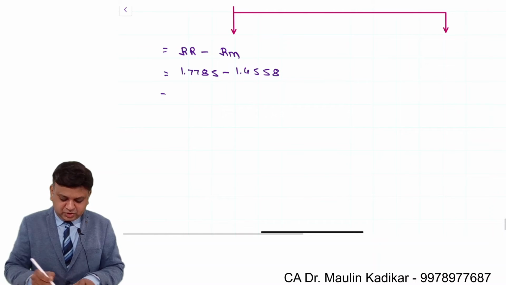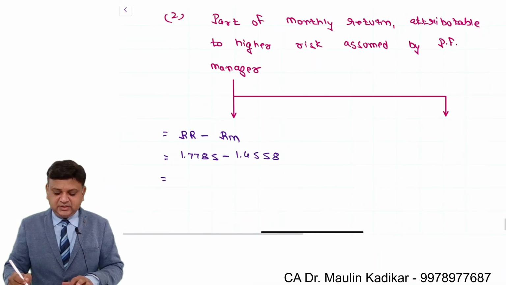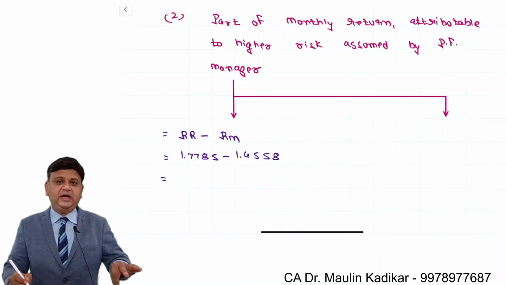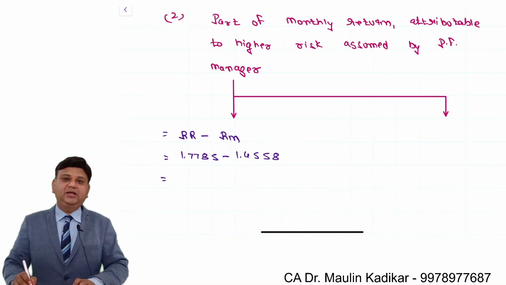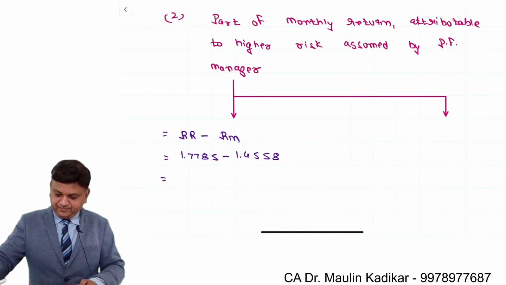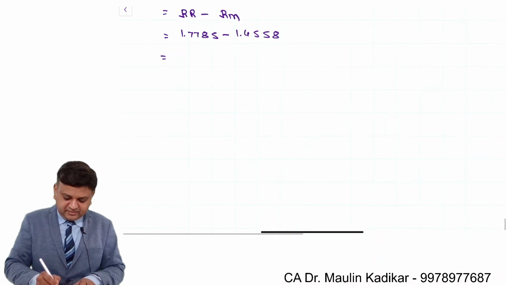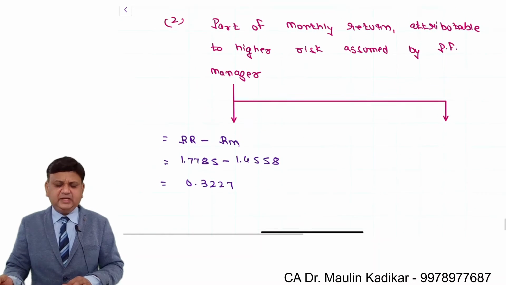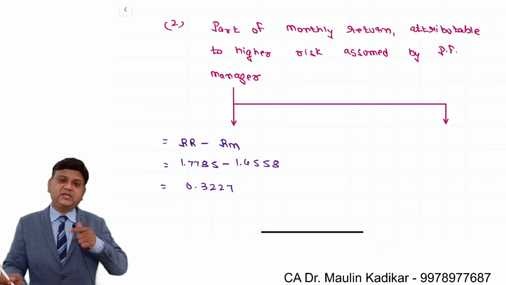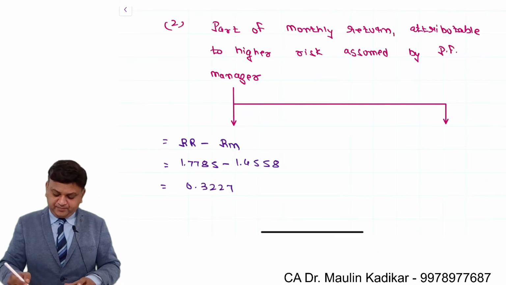So the difference between both of them is the part of the monthly return attributable to the higher risk assumed by the portfolio manager. 1.7785 minus 1.4558 comes to 0.3227. This is the way it is calculated because the risk undertaken is more.